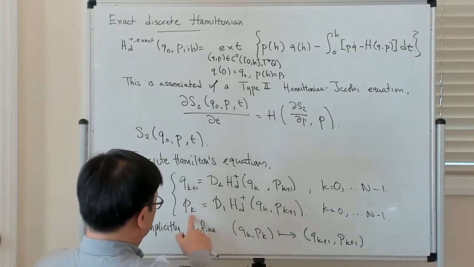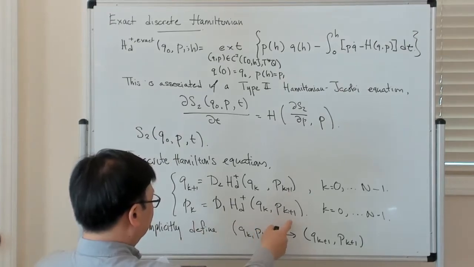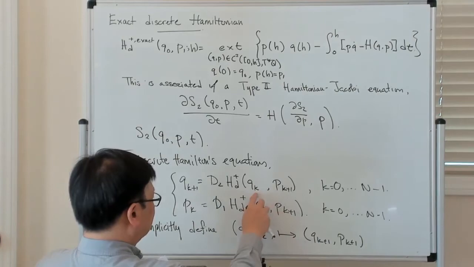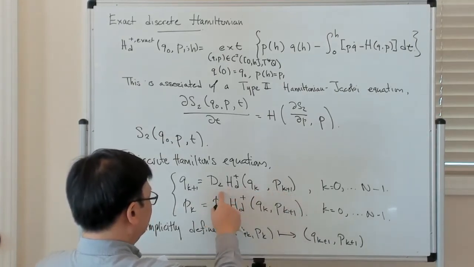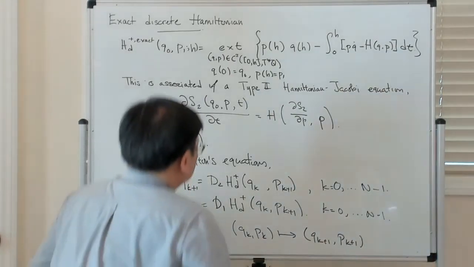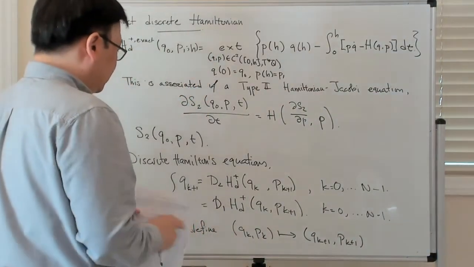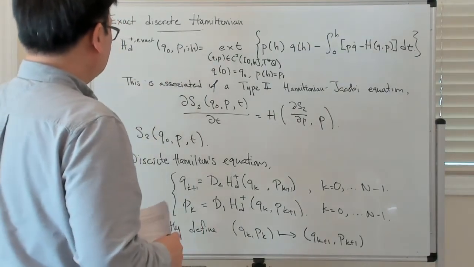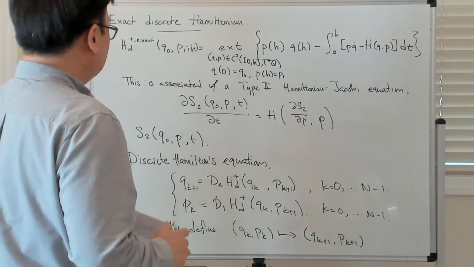If you know q_k and p_k, you can use the second equation to solve for p_{k+1}. And once you know p_{k+1}, you can use the first equation to solve for q_{k+1}, right? So that's a discrete version of Hamilton's equations. And that's just the exact discrete Hamiltonian, okay?